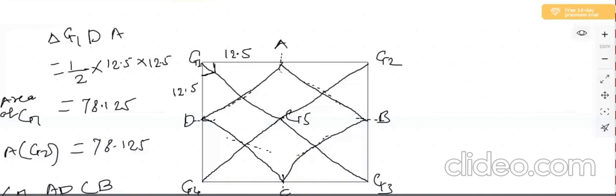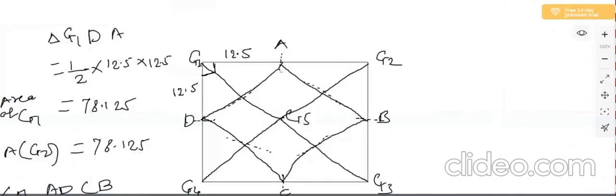So how did you get it? By adding all the four areas, since it is a square, we can get the value of that.